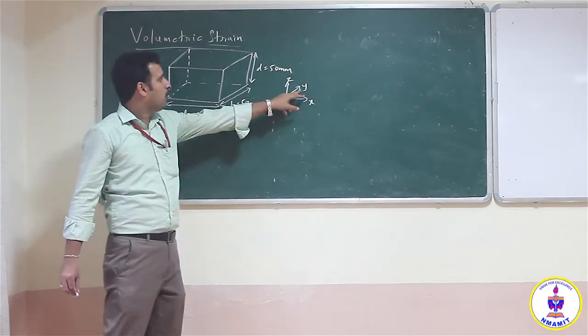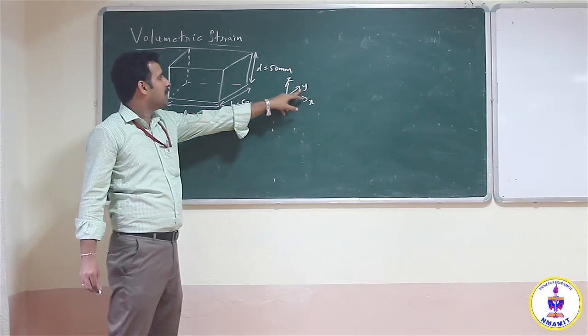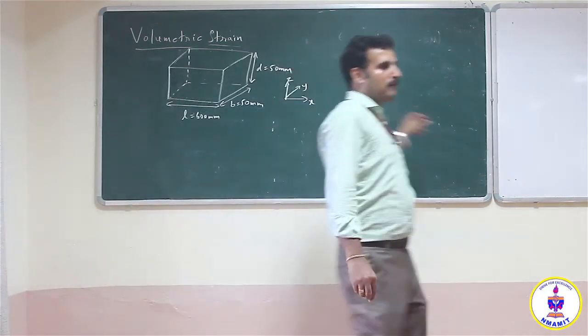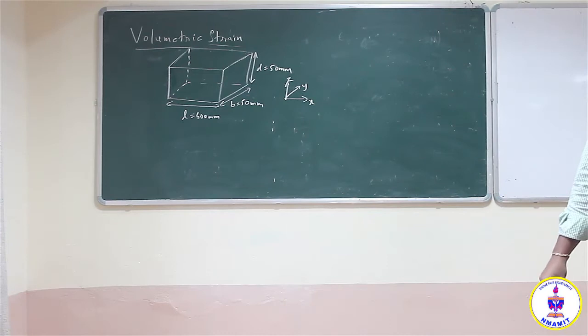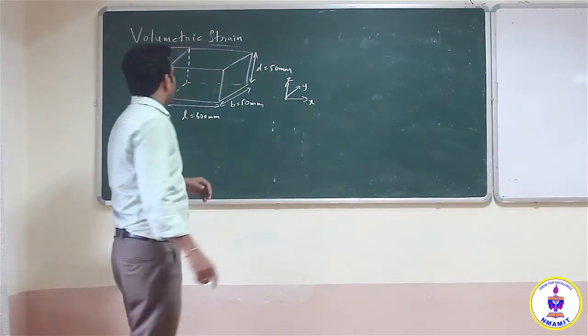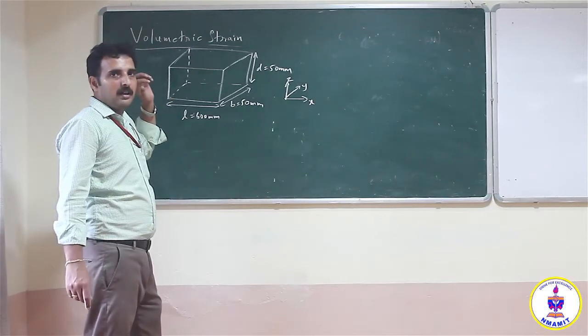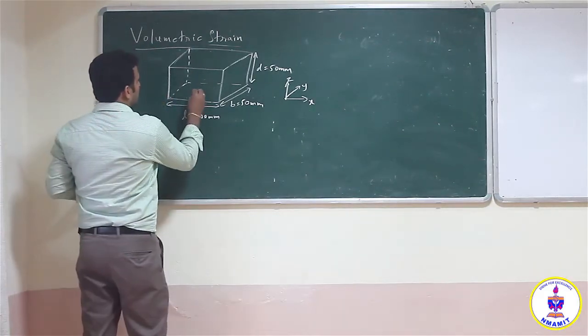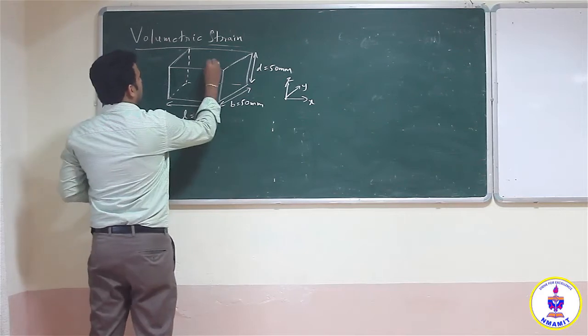That is, along Y there is a force which is acting. The value is 600 kN, and again in the other direction, in the Z direction also it is 600 kN. Both are compression. So one, it will be along Y direction.